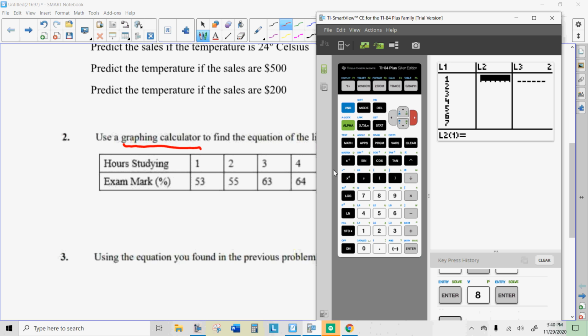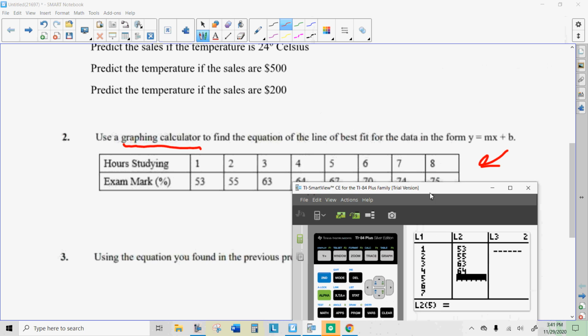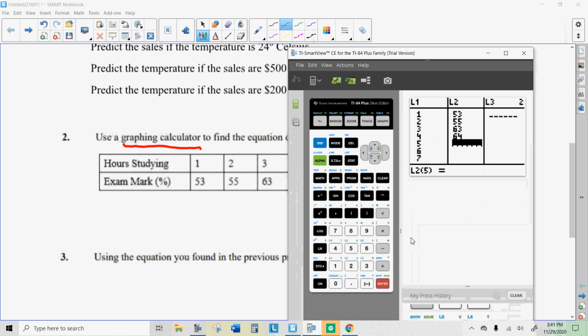And then you're going to put the exam marks for those hours. Once we have all that data in, we're going to let the calculator get the equation for us.